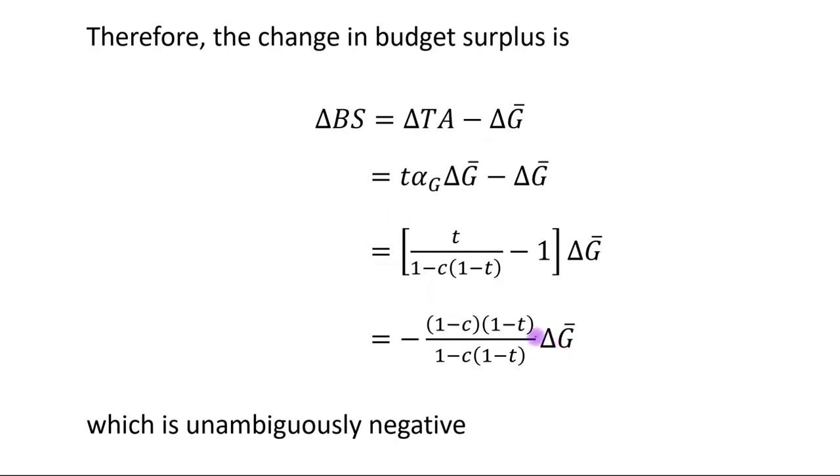After some calculation, we get this result. Change in budget surplus is equal to change in taxes minus change in government expenditure. In the next step, we will write this as tax rate times change in equilibrium level of output minus change in G bar.